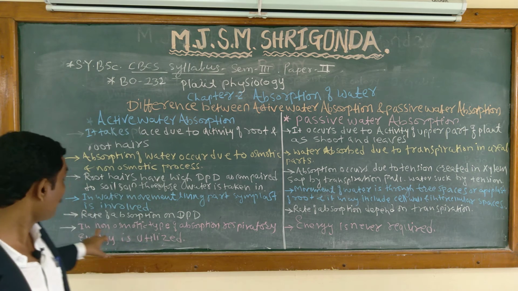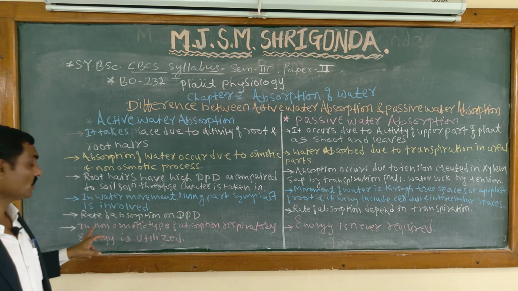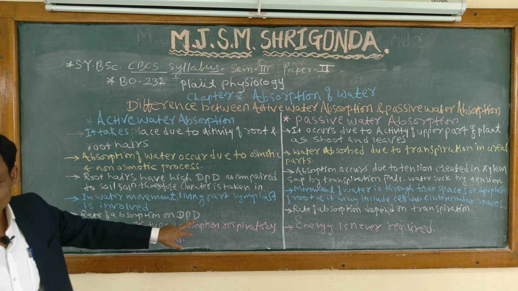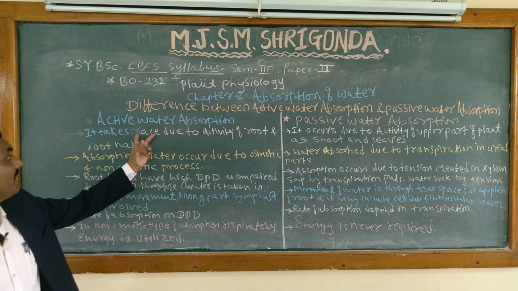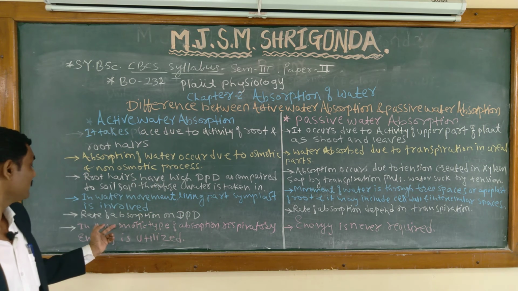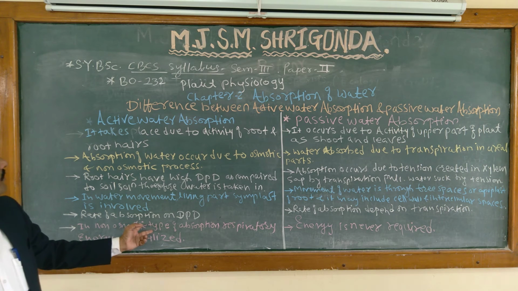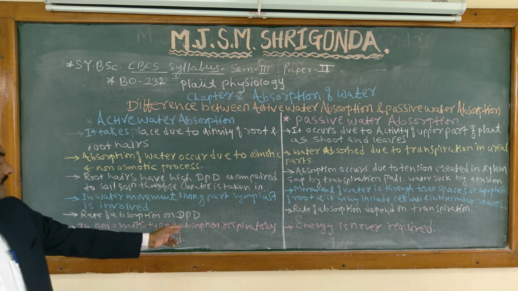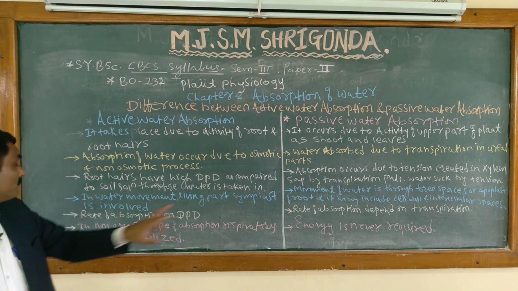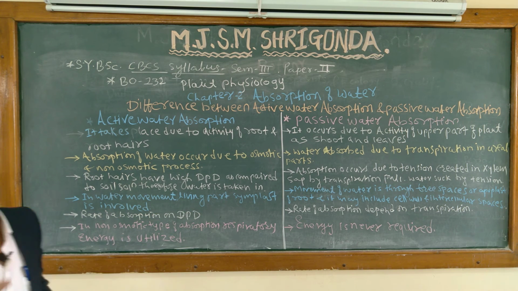Then the last point: in the non-osmotic type of absorption, that is active water absorption, both non-osmotic and osmotic absorption of water take place. In non-osmotic type of absorption, respiratory energy is utilized.